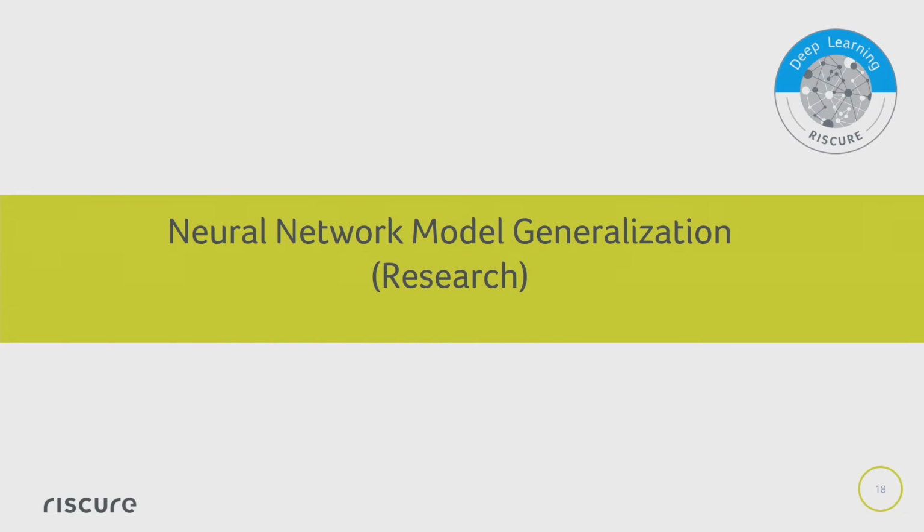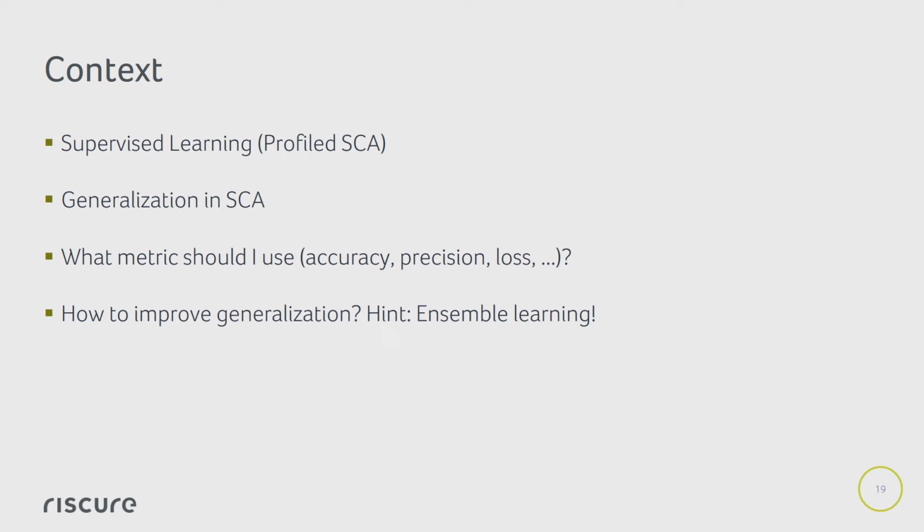The context is again supervised learning, profiled side-channel analysis. The question is which metric I should use to validate my neural network: accuracy, precision, loss? What is the most promising metric? And also how to improve the generalization.